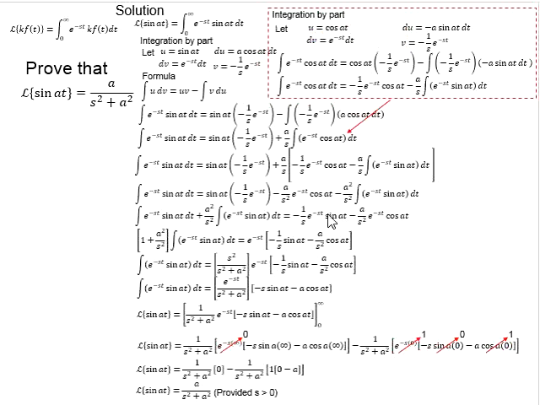With the u here, differentiate u over dt, and with the dv here, integrate it in order for you to get the v. Next, use the formula of integration by parts, which is uv minus integral of v du. Substitute the relevant values, you will get this. Based on the calculation step here, integrating this will give you this.